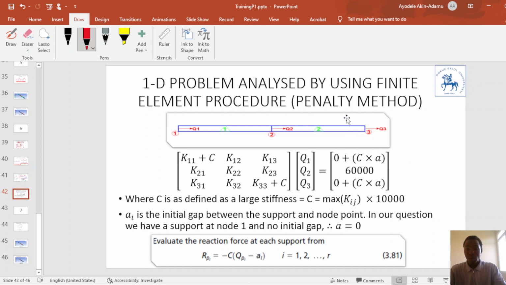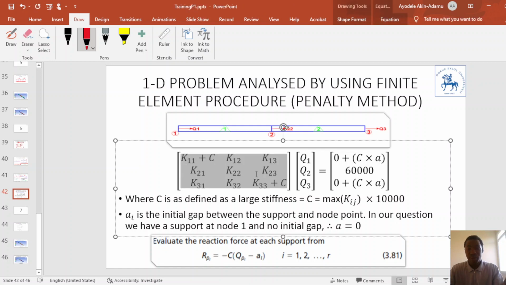I'm going to explain how we use the penalty method to solve this problem. Since we have three nodes for our finite element model, that means our stiffness matrix will be a 3 by 3 matrix. So that's why we have a 3 by 3 matrix here.